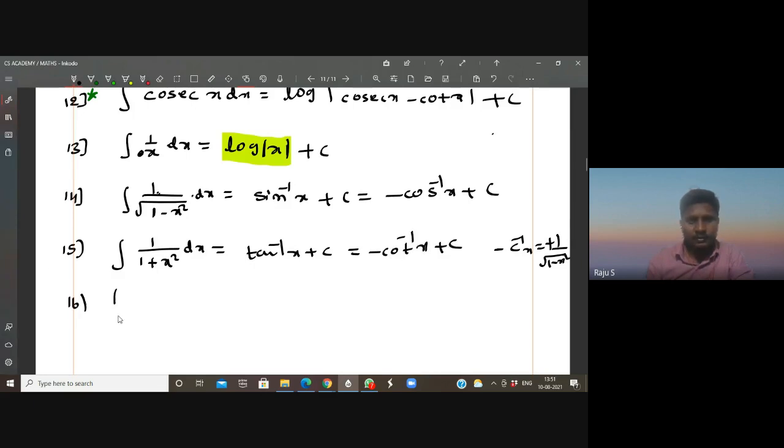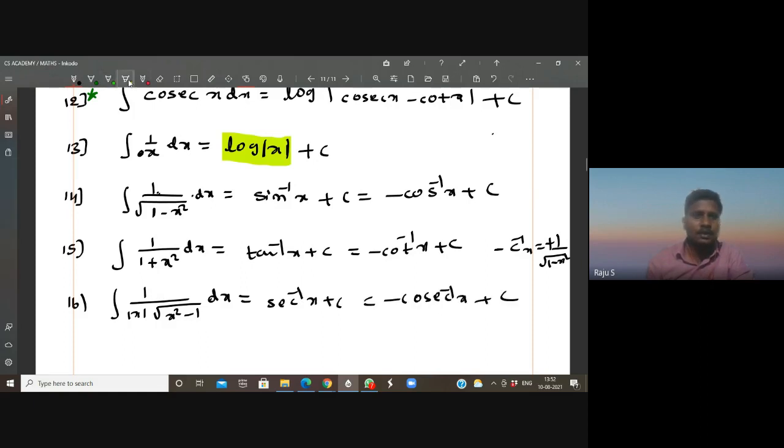The 16th formula is the integral of 1 by modulus x root over x square minus 1 dx. It is secant inverse of x plus c, or minus cosecant inverse of x plus c.